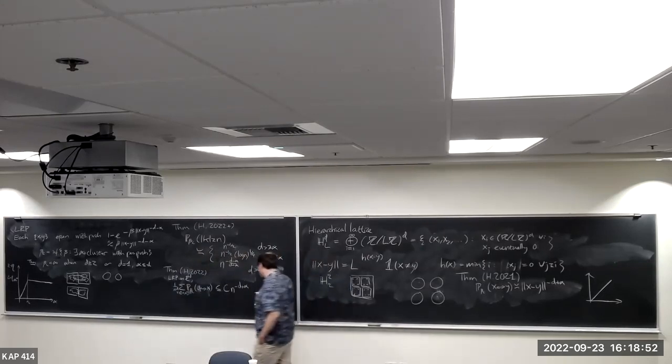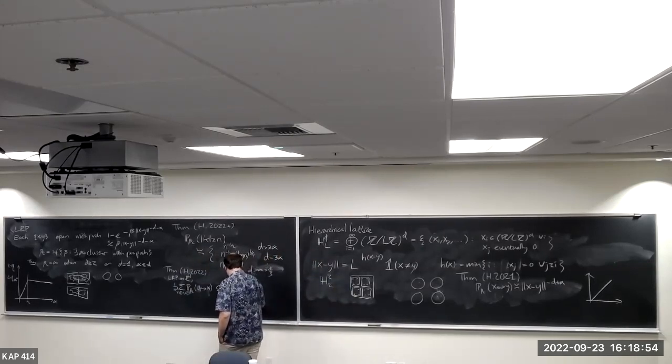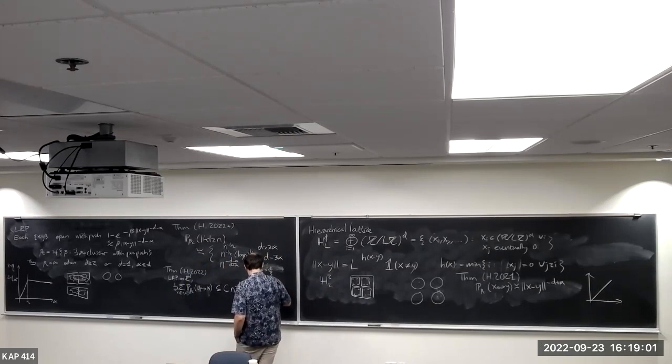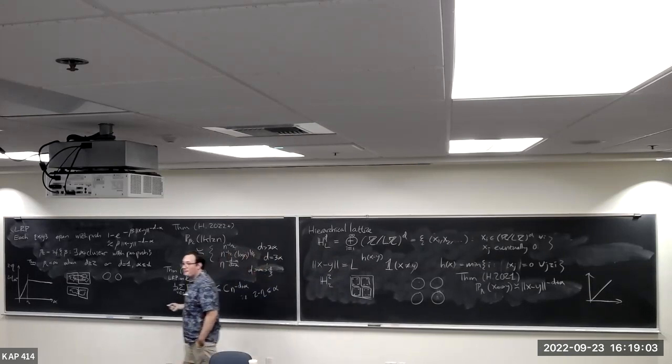What this means is that 2 minus eta is at most alpha, if it's well defined.